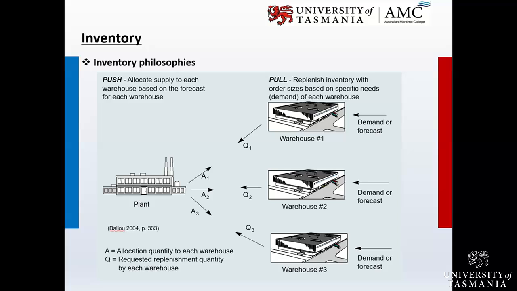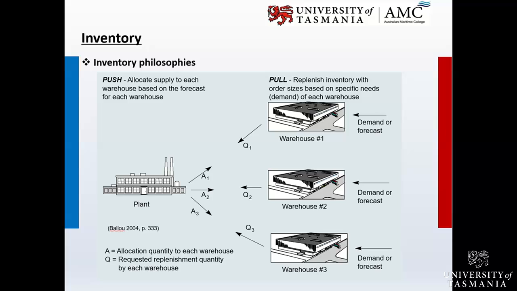On the other side, there is pull-based inventories. So this is to replenish inventory based on specific needs of each warehouse. So it's more like to make a decision from bottom level to top level.